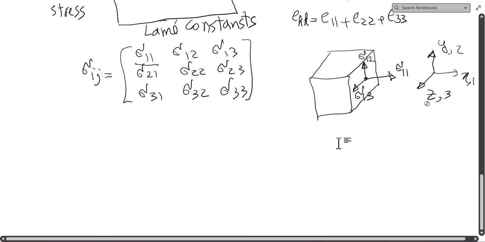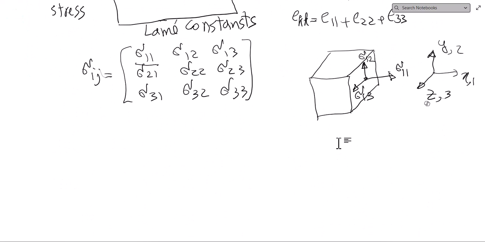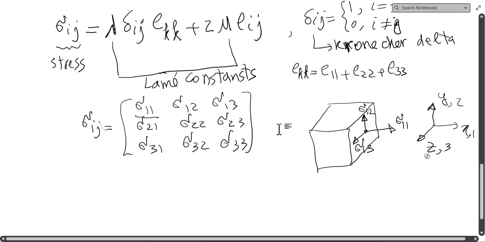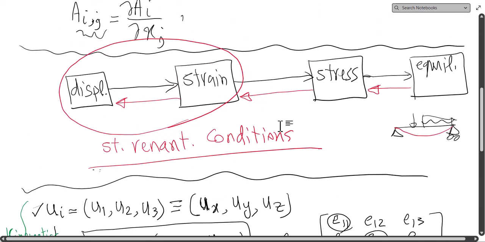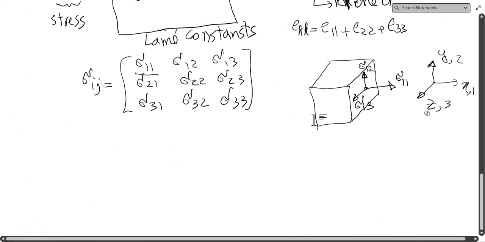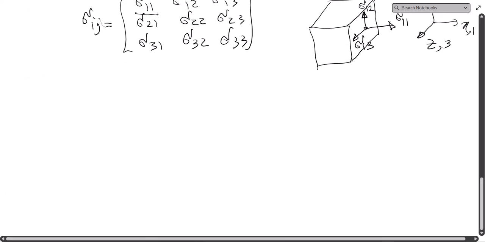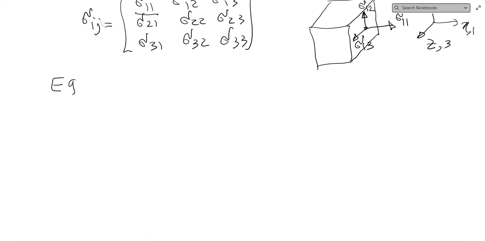Well, these stresses will satisfy, or should satisfy, the equilibrium equation. Also, I will not talk about the boundary condition, but of course, considering the boundary condition, it will be a specific solution to that equilibrium equation. And therefore, we go after the equilibrium equations.